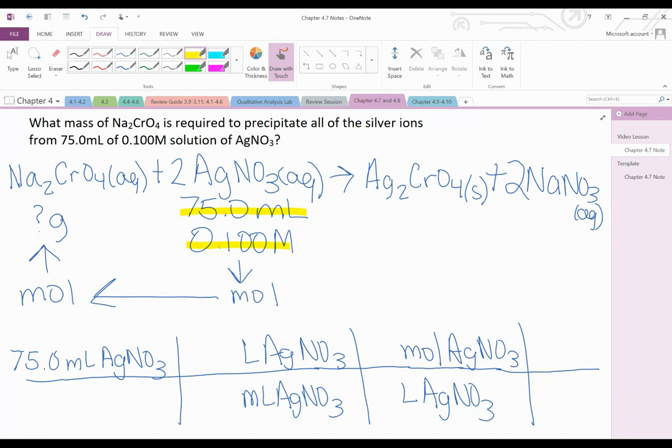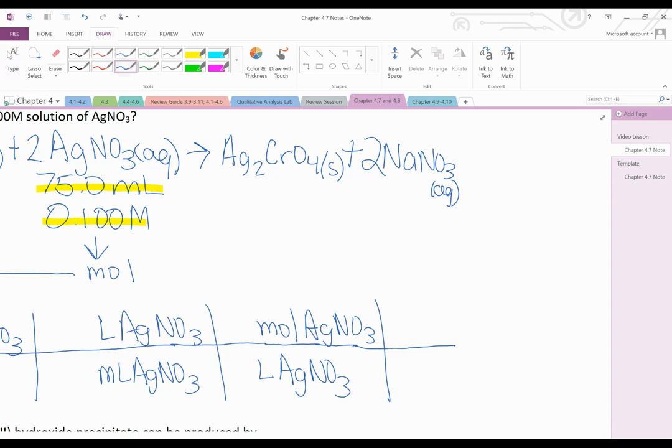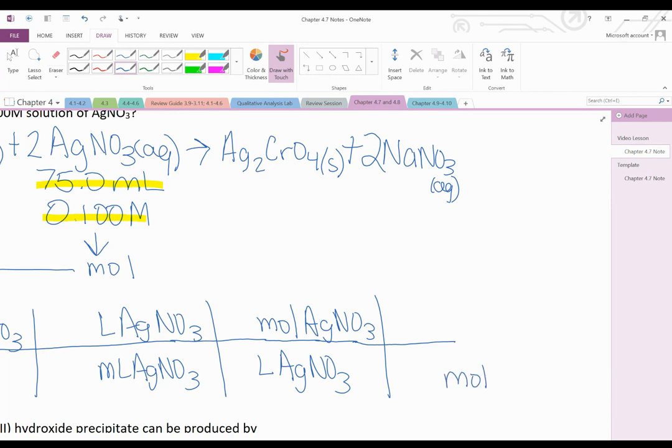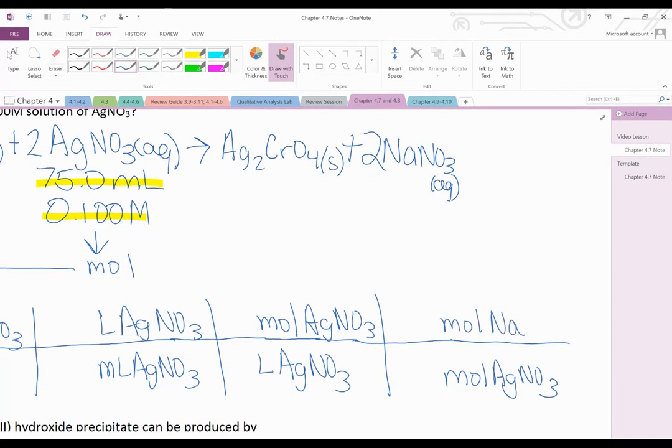Now I'm going to go over my mole tunnel, use my mole ratio from the balanced chemical equation, and convert from moles of silver nitrate to moles of sodium chromate.